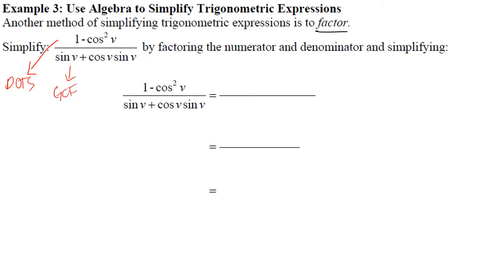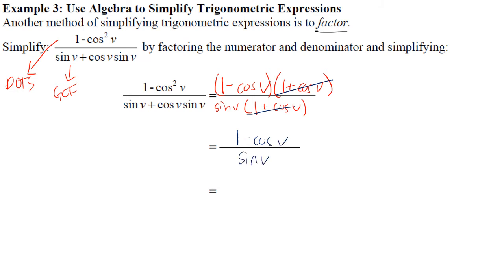So DOTS tells me that this becomes 1 minus cosine V times 1 plus cosine V. And here our GCF is sine, so we're going to factor out sine V, and we're left with 1 plus cosine V. After we've done that, now we can eliminate. I have a 1 plus cosine V in the denominator and in the numerator, so I eliminate and I'm left with 1 minus cosine V over sine V.